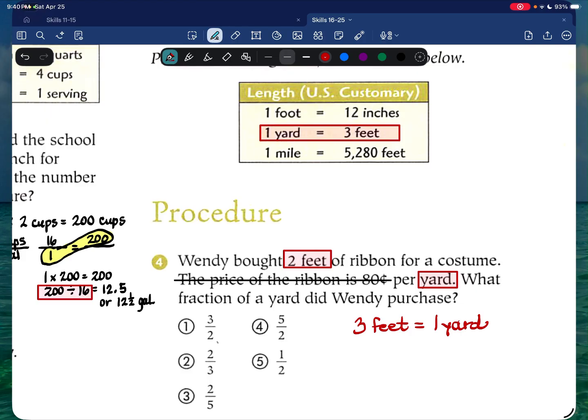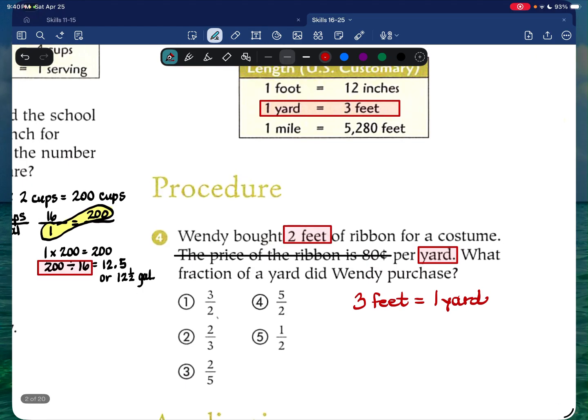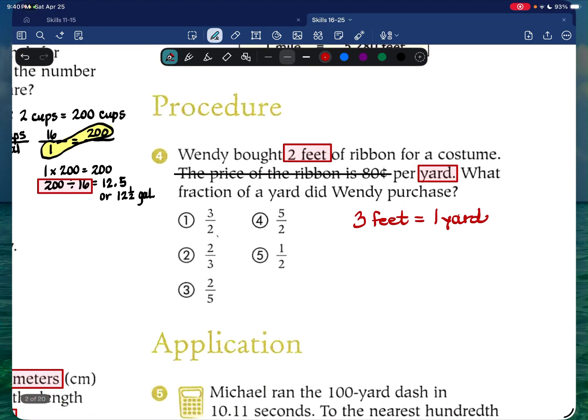That information is given to me. But she does not want to buy a whole yard. She only needs 2 feet. So she is buying 2 feet when the yard has 3 feet. So she is buying 2/3 of the yard.